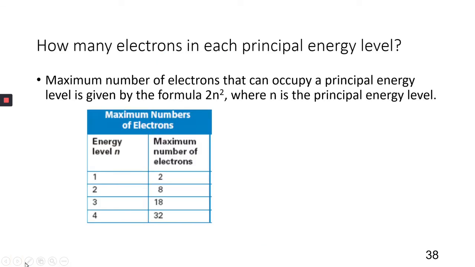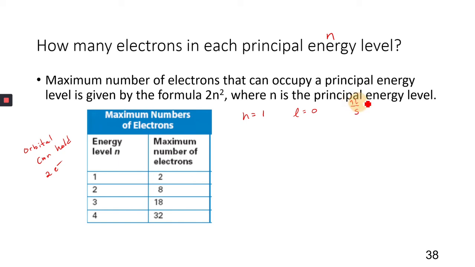So how many electrons can we fit on our principal energy level? Remember, that is n. So let's think about it. If n equals 1, that means L equals 0, which is S. And there's only one orbital in S. And an orbital can hold 2 electrons.